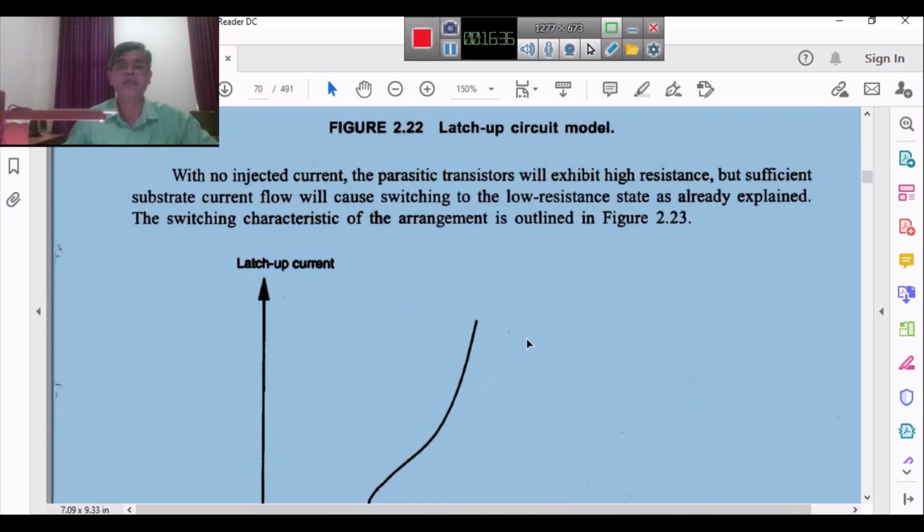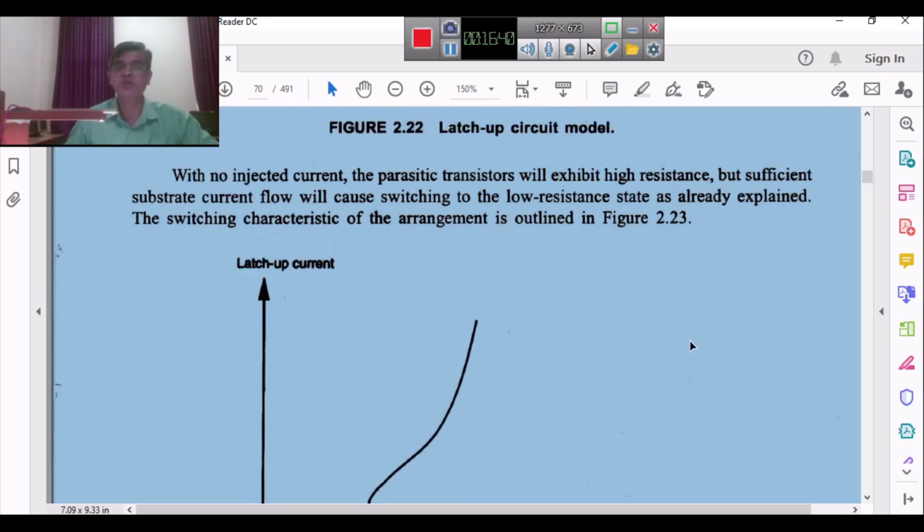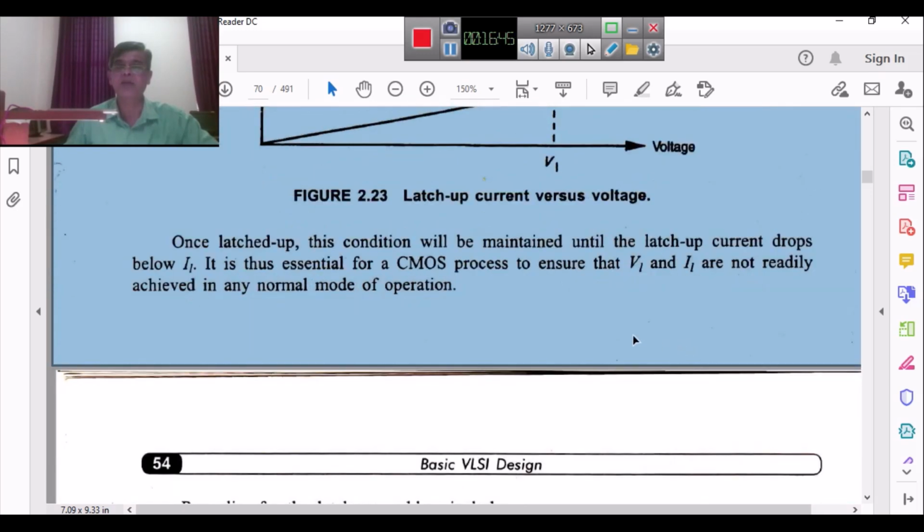But you see here, there is no other option. That means the transistor may be spoiled. So this is a drawback associated with latchup. Once latched up, this condition will be maintained until the latchup current drops below IL, the latching current. Once it falls below, then only it turns off. But that never happens here. So your VL and IL are not readily achieved in the normal mode of operation.